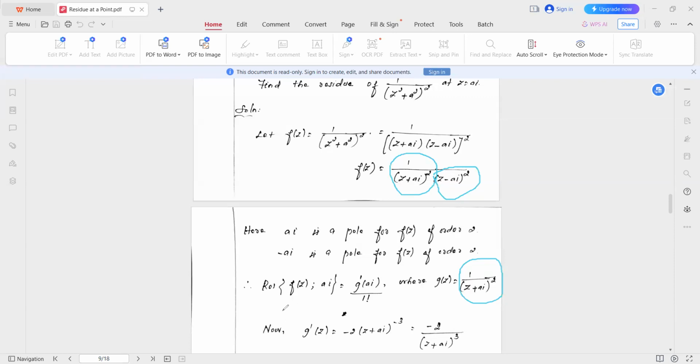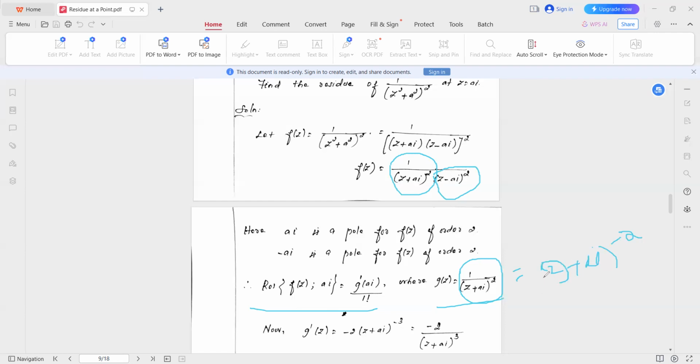So what is the residue formula? g dash of ai by 1 factorial. So g of z is 1 by (z plus ai) the whole square. We are going to find the differentiation g dash of z. So g of z can be written as (z plus ai) power minus 2. So by the differentiation formula, we have g dash of z equal to minus 2 into (z plus ai) the whole power minus 2 plus 1, that is minus 3.